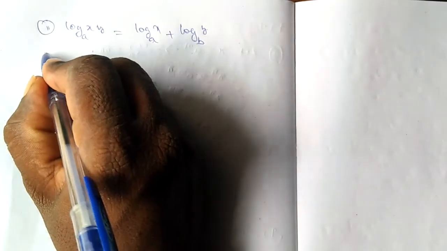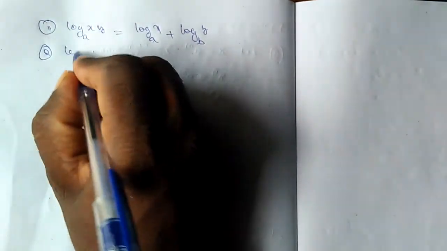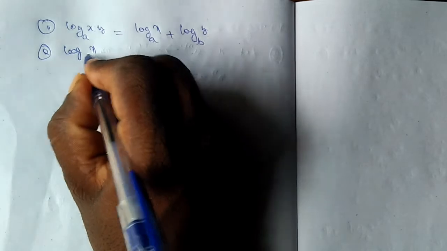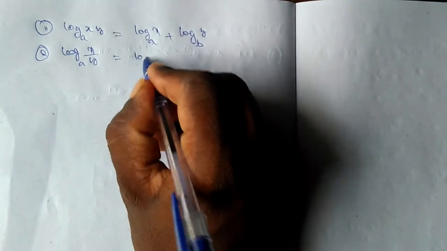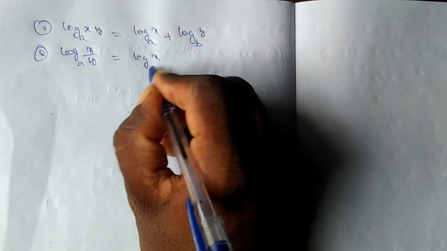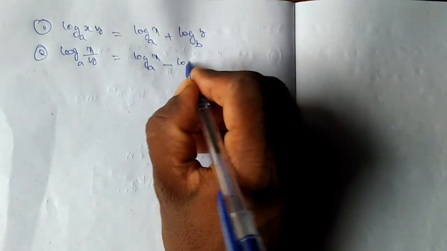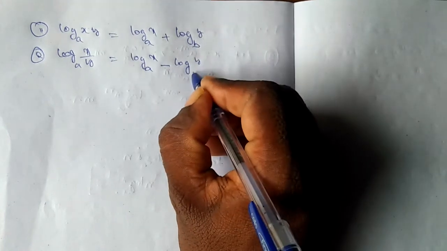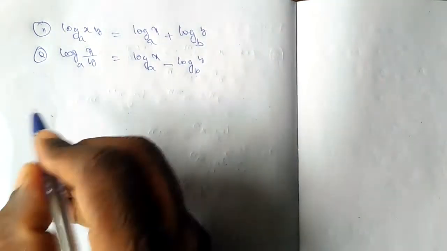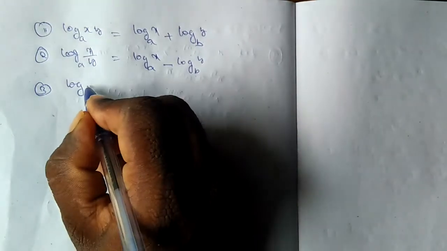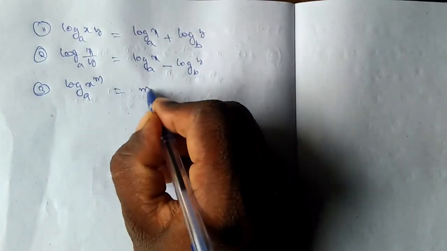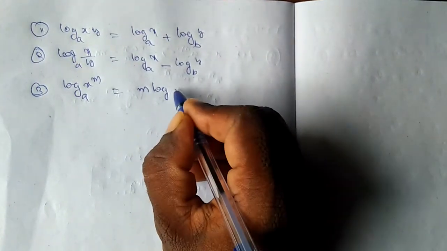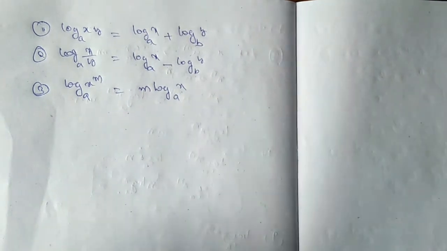Second property: log x by y base a is equal to log x base a minus log y base a. Third property: log x to the power of m base a is equal to m log x base a.